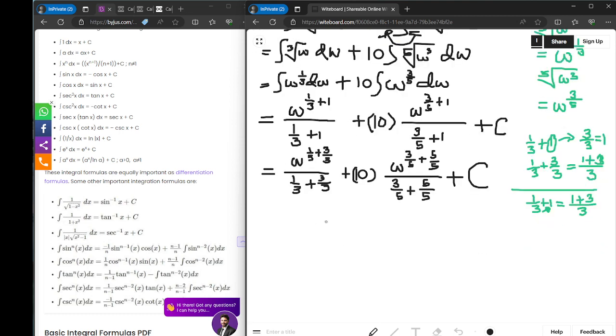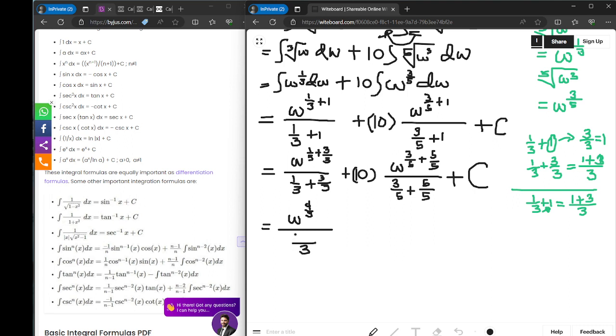Simplifying further, we will get W, 1 plus 3, so that would be 4. Just copy the denominator. Again, we can only add or subtract fractions if they have the same denominator. So all we need to do is copy the denominator and the numerators will be added or subtracted depending on which operator is being used.